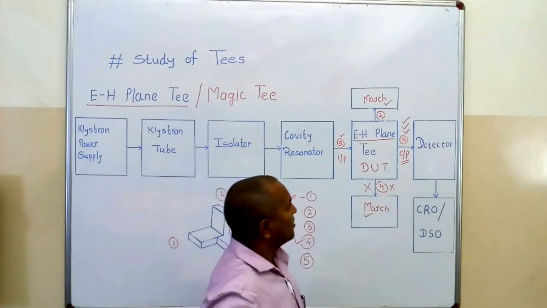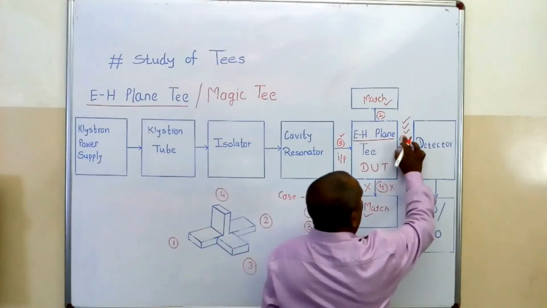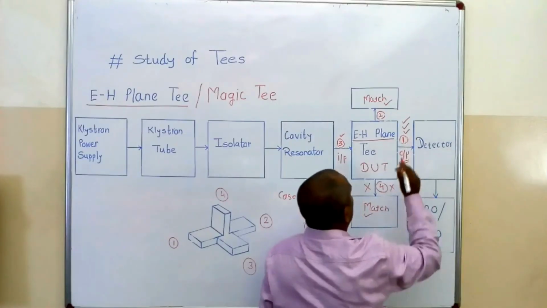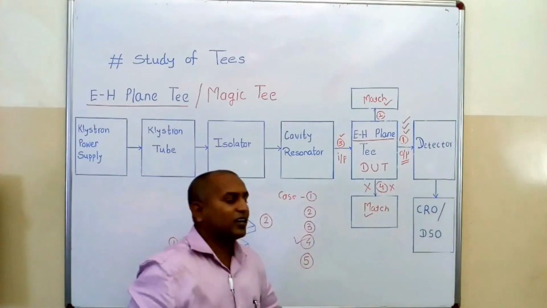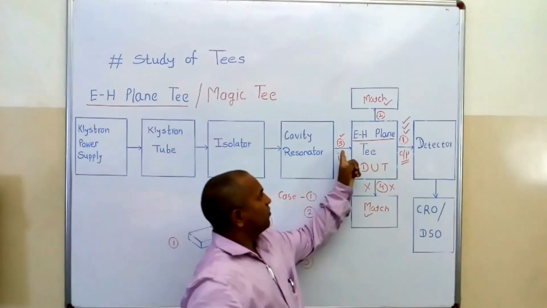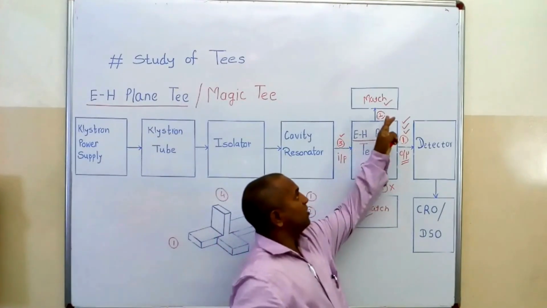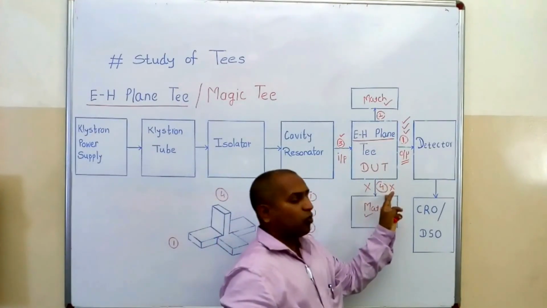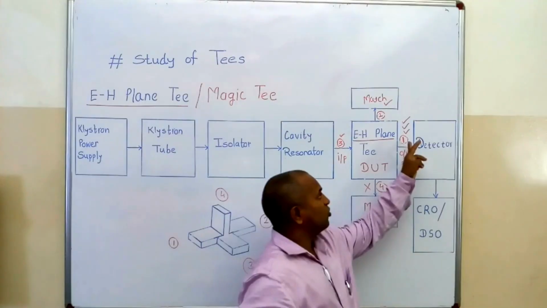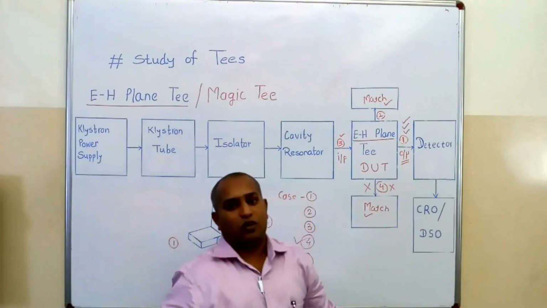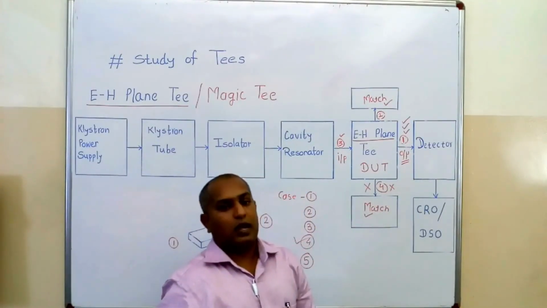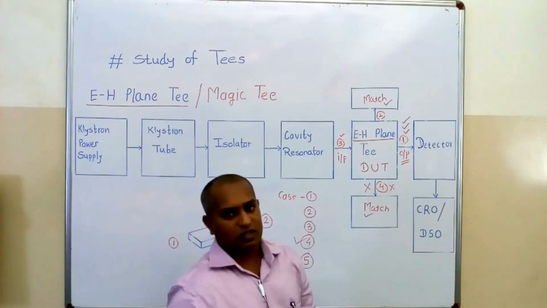So the remaining port is nothing but port number 1. So definitely, if I apply the input to port number 3 and match ports 2 and 4, we'll get output across port number 1. And do the reverse case also.